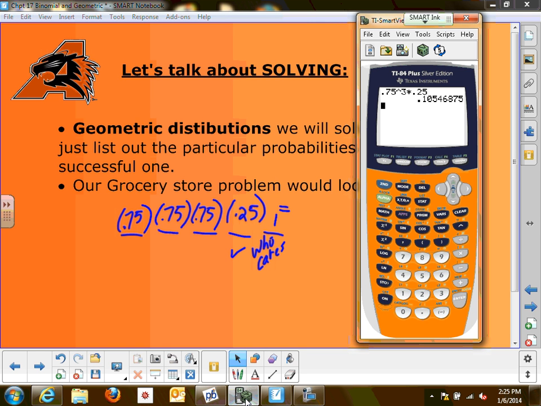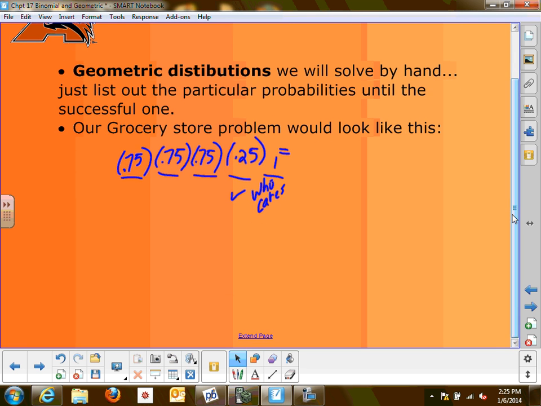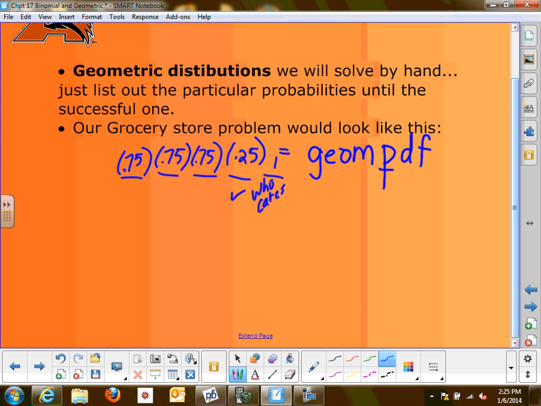Here is another way that you could do this. If it gets a little more difficult, then using the calculator function is helpful. And so here's what that is. I'm going to show you how to find geometric PDF in your calculator, because you're going to have a particular placement that you want that customer to use the checkout.